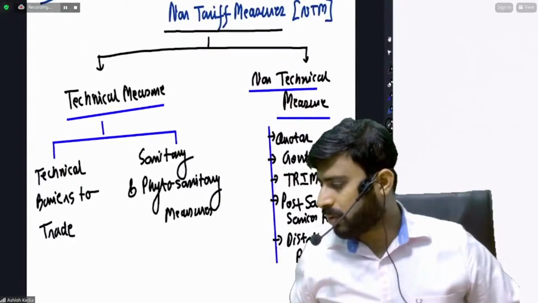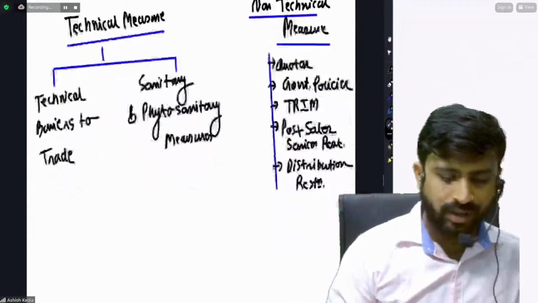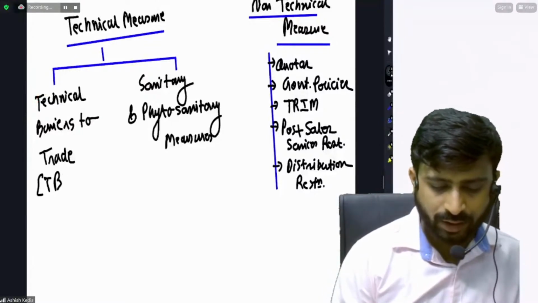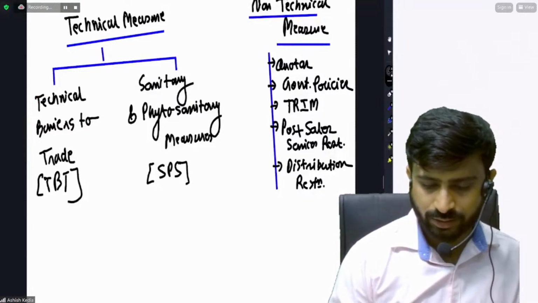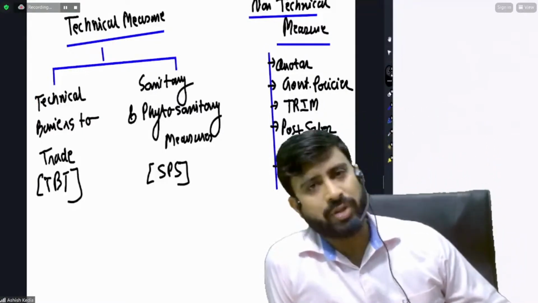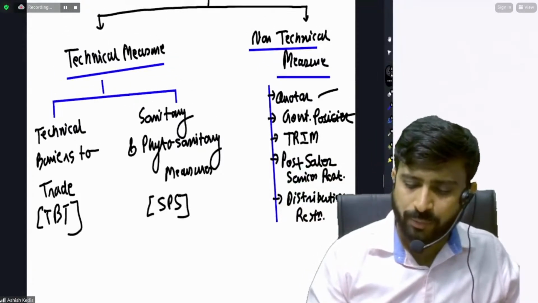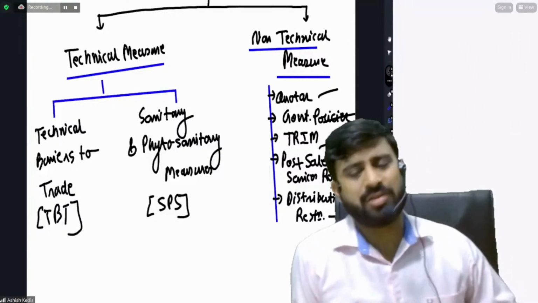Now moving on, we will talk about each one of them one by one. Technical barriers to trade, it is also called TBT, and here you have SPS, sanitary and phytosanitary measures. And here you have quota, government policy, TRIMs, post sale services, and distribution restrictions.